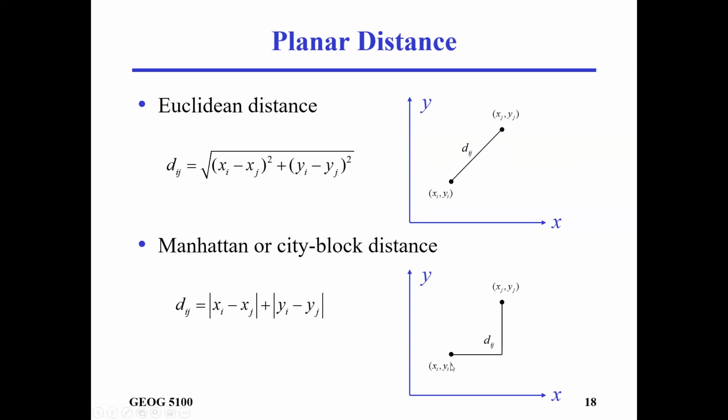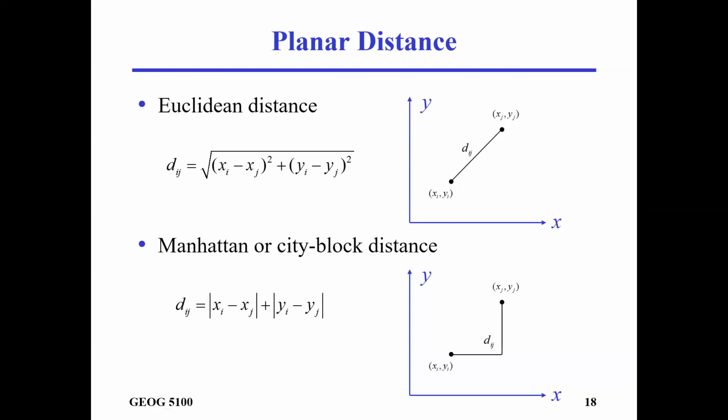It means that there is only one path if you want to go from point i to point j. You have to move along x first. When your x value reaches the value at xj, you have to go along exactly the direction of y to get to location j.